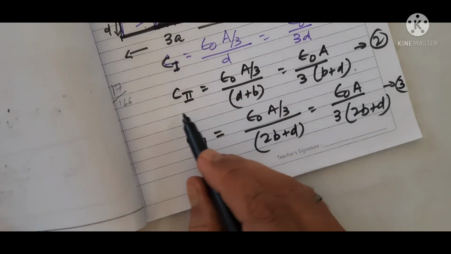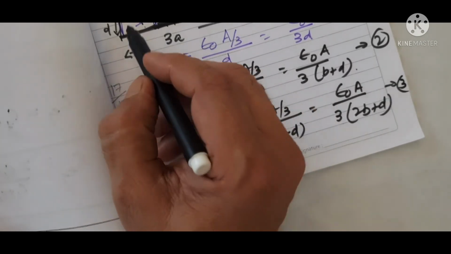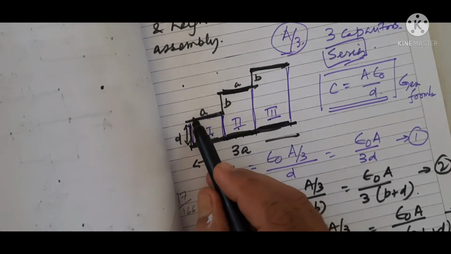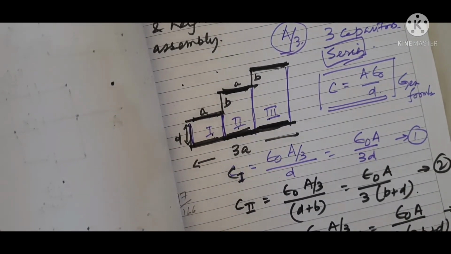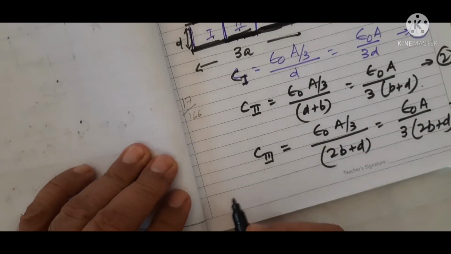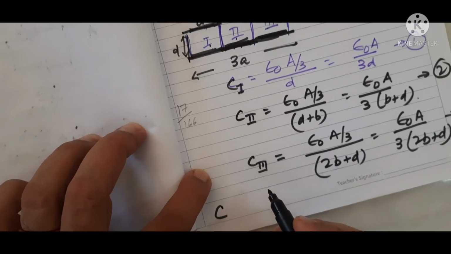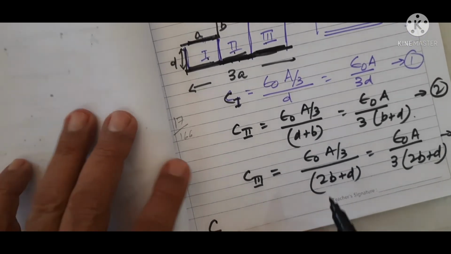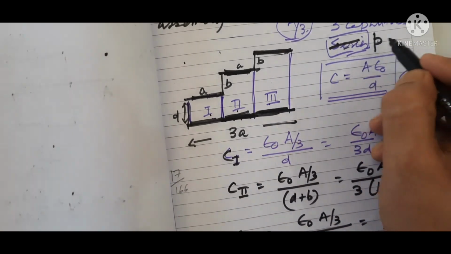These three are the capacitances of the first, second, and third parallel plate capacitors. Now, equivalent. After finding these, these three are in parallel, not in series.